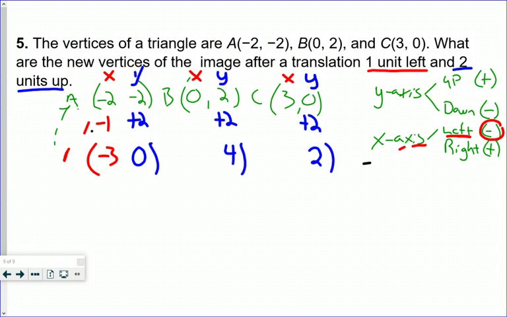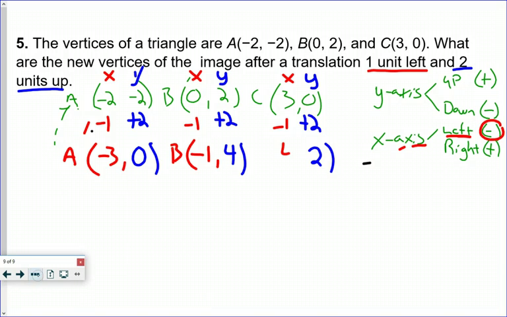So our new coordinate for A would be -3, 0. Put my comma in there. We are minusing 1 from 0, so that would be -1. So our new one for B is going to be -1, 4. And subtract 1 from 3 gives us, whoops, would be a 2.